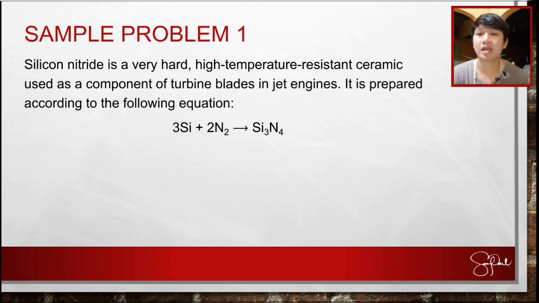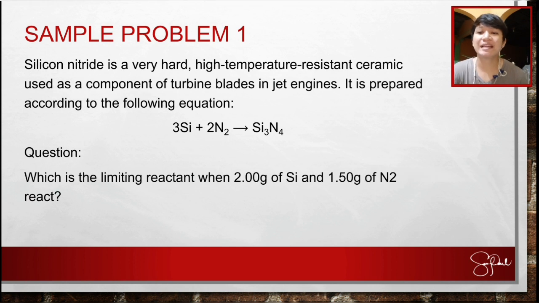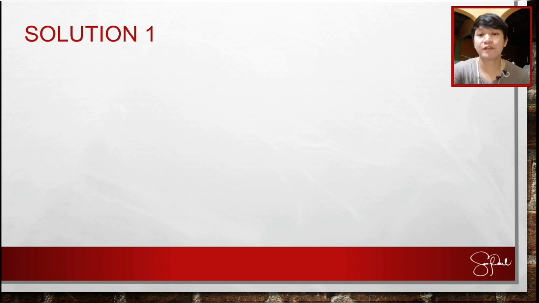So this is our balanced chemical equation. This is the question: which is the limiting reactant when 2 grams of silicon and 1.5 grams of nitrogen gas react? That is the given that we will be focusing on. So let us have the first solution, the first way.